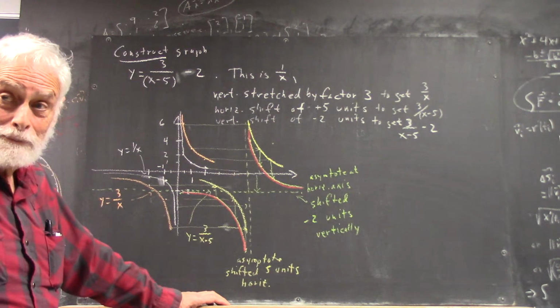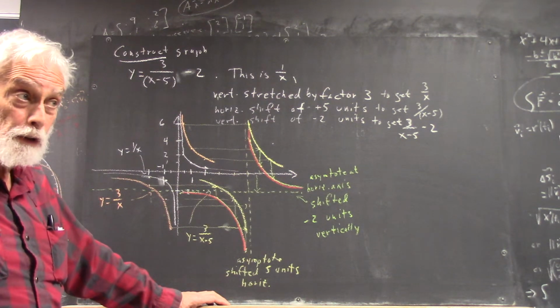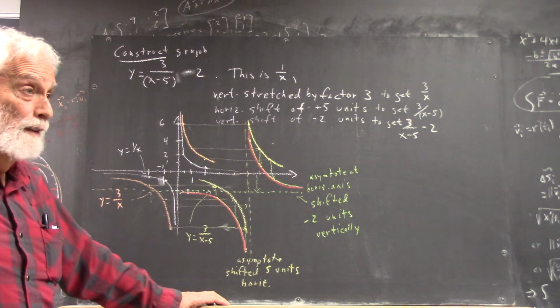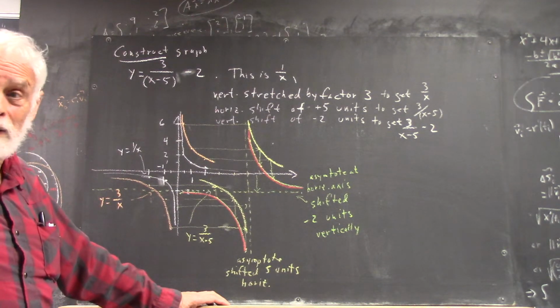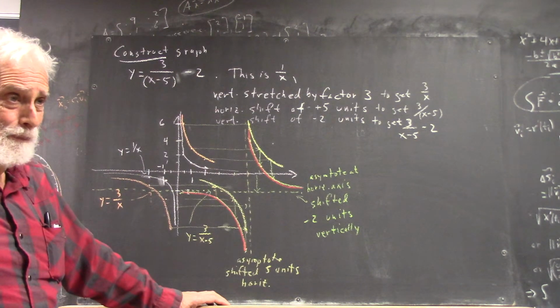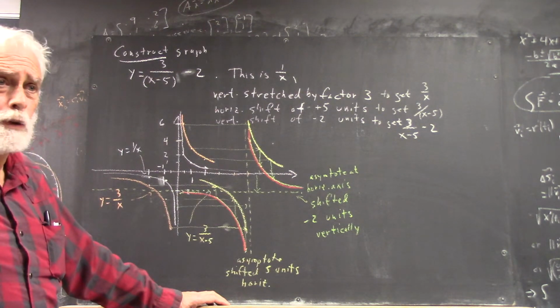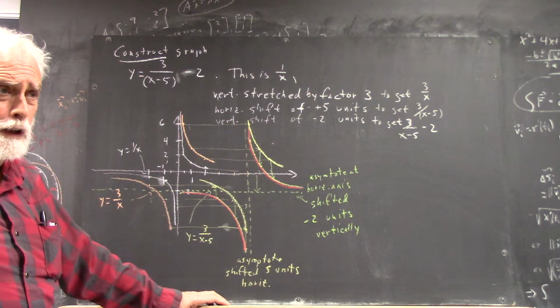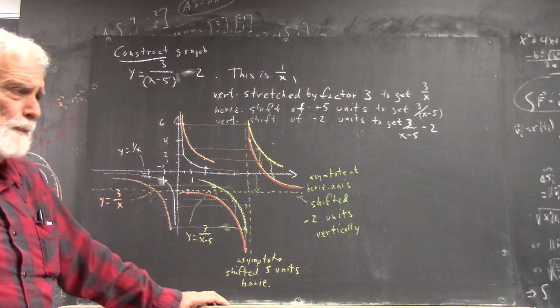Okay, does that make sense? Is this how we construct a graph? When I say construct a graph, I don't mean make a table with 1,700 points on it and plot them all. That's not a construction, that's brute force. That's what you learn to do in 5th grade, or maybe 6th or 7th grade.